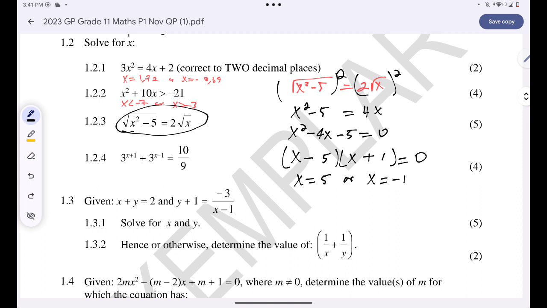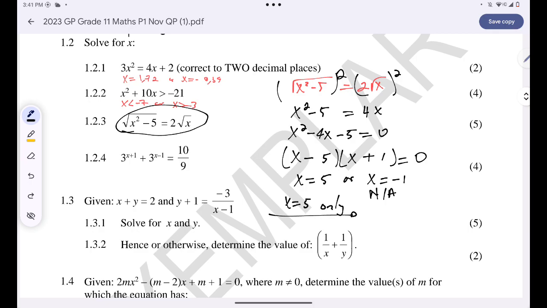Whenever you substitute -1 into the equation, the left hand side will never be equal to the right hand side, right? Because on the left hand side, yes, you will find an answer, but on the right hand side, it will be undefined. So this one is not applicable. So x is equal to 5 only.